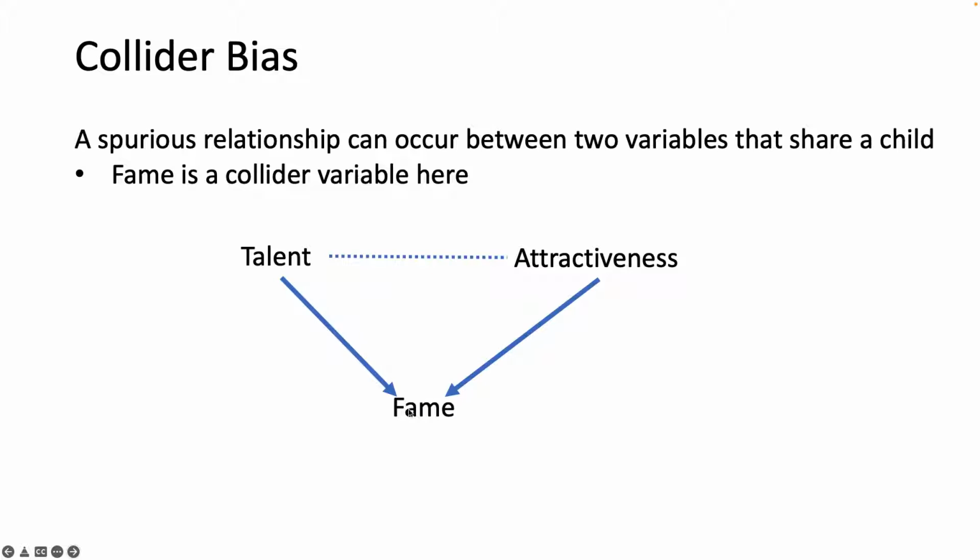But if your sample is just famous people, you're going to find talent and attractiveness overrepresented in that subset of the human population. That might lead you to believe these two traits are related because they occur together in famous people. But this is collider bias, where a spurious association is generated between these two variables.